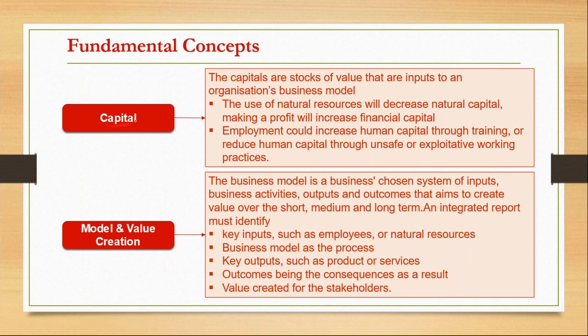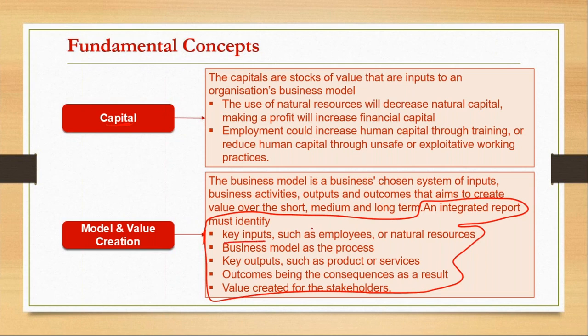We have already discussed the capitals area. You can study this. Now the important thing is what content should be disclosed in an integrated report. An integrated report must identify key inputs, such as employees or the natural resources, which are the key inputs of the company. It should tell the business model, being the process, the business activities that we are following.